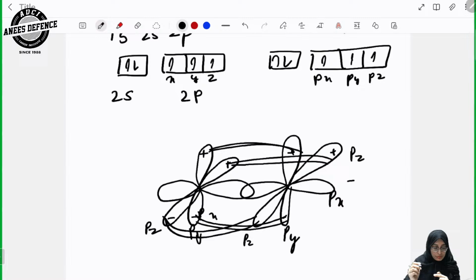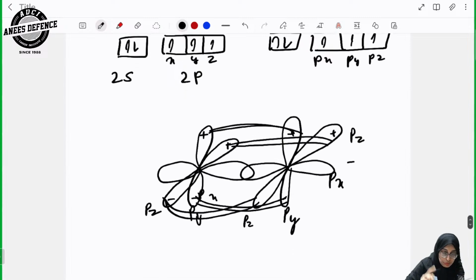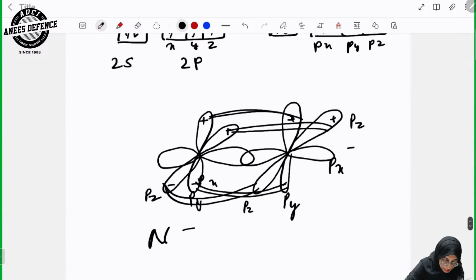Overlapping between px and px is head-on. Overlapping between py and py, and pz and pz, is sidewise. So what happens here? One sigma bond and two pi bonds. So the N2 molecule has one sigma bond and two pi bonds.